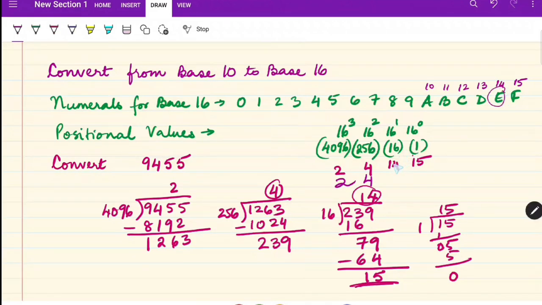So we replace 14 with the E, and then 15 is replaced by F. All right. So 9,455 when converted to base 16 would be a value which is 2, 4, E, F, and don't forget to put the subscript of 16 to indicate that this is a base 16 hexadecimal number, hexadecimal value. All right.